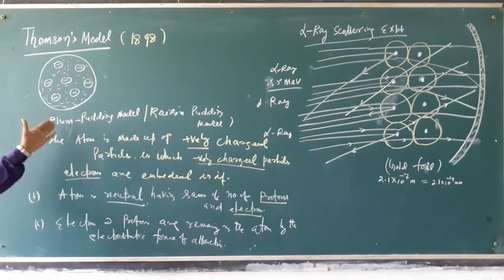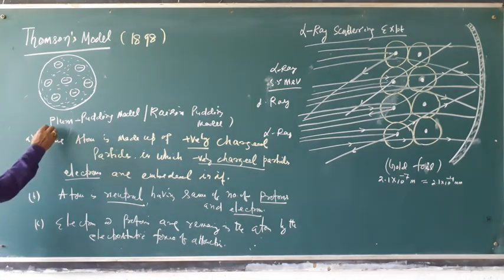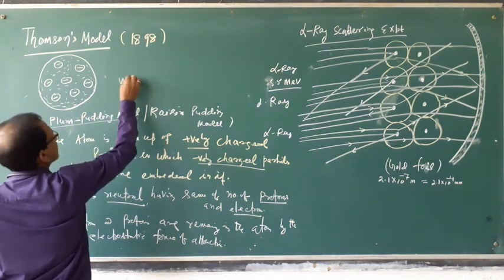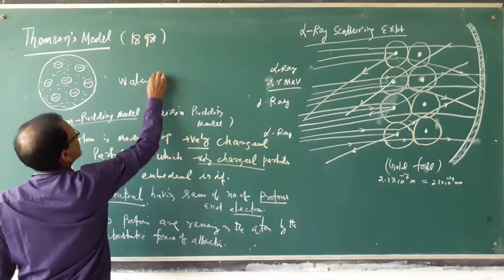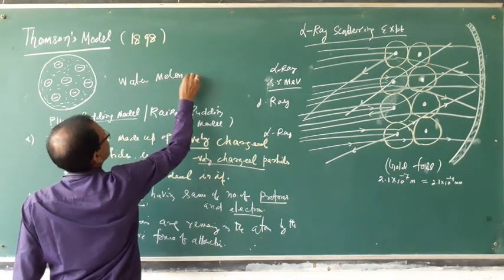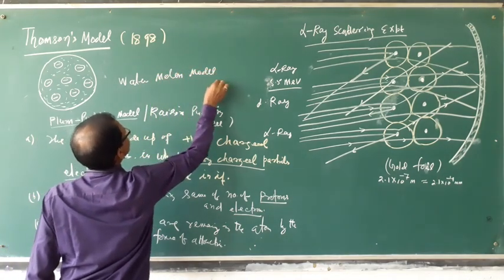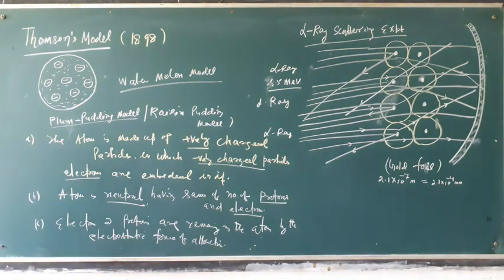So this is the concept of the Thomson model, and this model is also called the plum pudding model, just like a watermelon model. We have seen a watermelon.